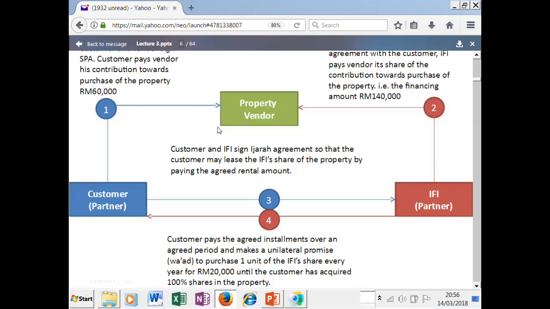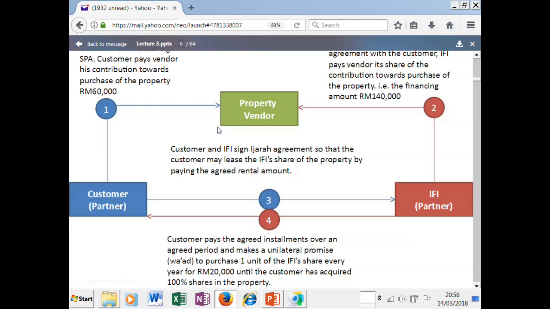For example, the bank will have 90% shares, and the customer will have 10% shares. Afterward, from time to time, the customer will buy the shares of the house from the bank, and at the same time pay rental because they are staying there, right? The rental profit will be divided according to the shares.